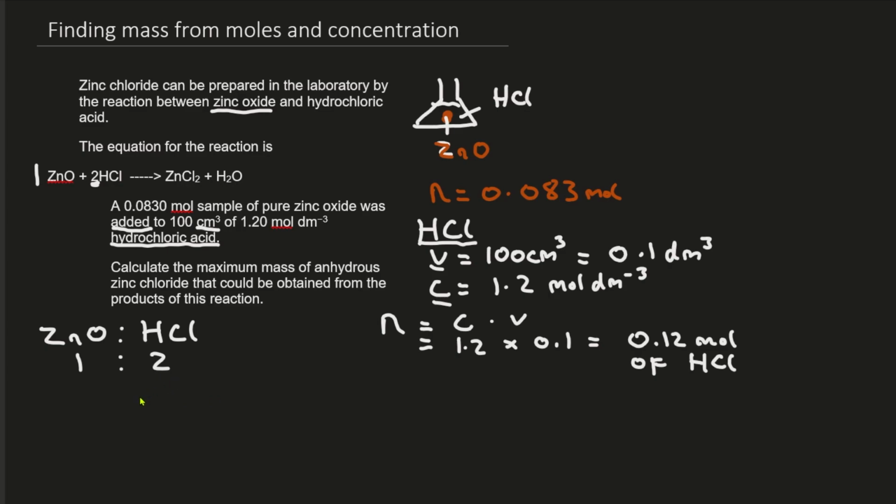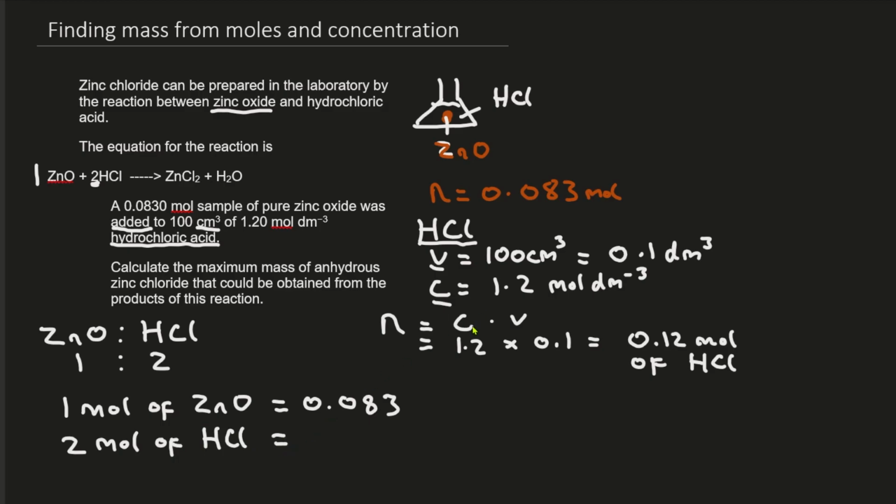So what we're saying here from this question is that 1 mole of ZnO equals 0.083, which is fine. But we're saying over here from our calculation and from our balanced equation that 2 moles of HCl give us a mole of 0.12.